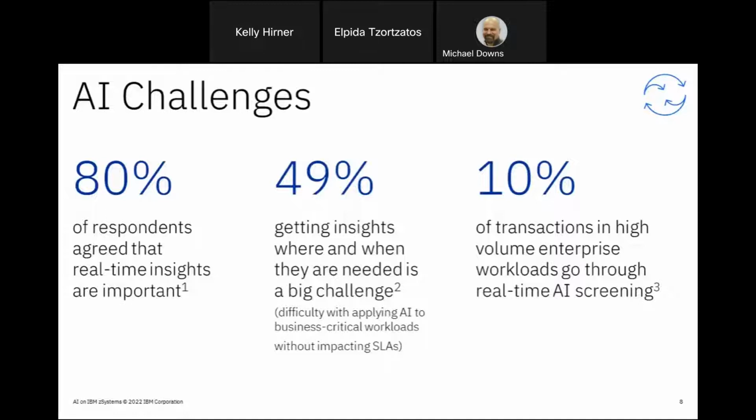So we wanted to build a system that addresses those challenges, that allows our clients to score 100% of the transactions and apply AI to every transaction, every payment, without slowing down those transactions and still meeting your SLAs and not impacting your SLAs.